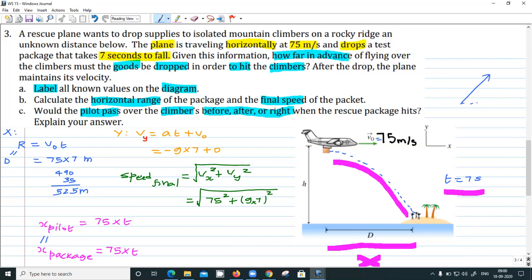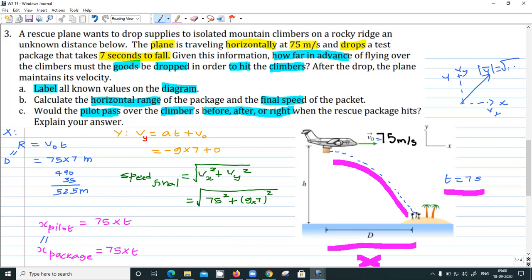Say this is my x-axis and this is my y-axis. The component along the x-axis will be vx. Suppose this is v, and the component along the y-axis will be vy. If you want to find the magnitude of this vector, it will be the square root of vx squared plus vy squared by Pythagoras theorem.